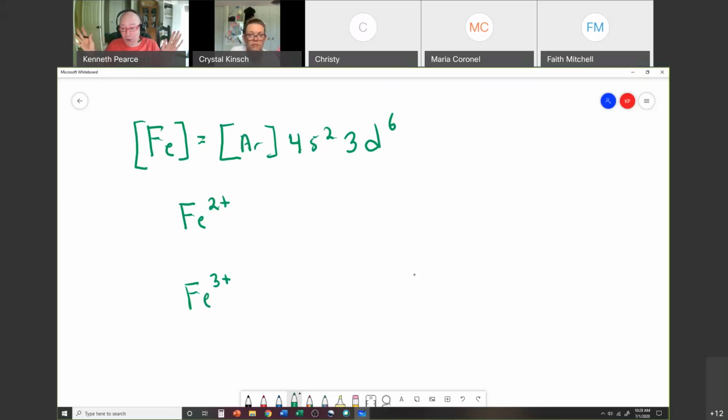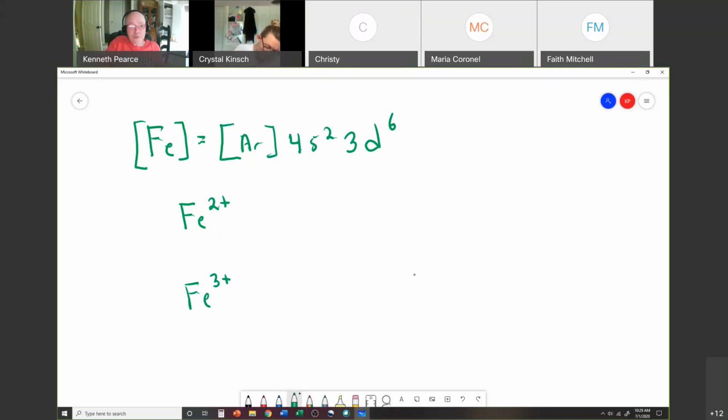You can talk theory all you want, but reality is what matters. What's reality? Iron is 2 plus or 3 plus. So the reality is iron loses 2 electrons or 3 electrons. That's what it means to be 2 plus, and that's what it means to be 3 plus: you've lost 2 electrons or you've lost 3 electrons.